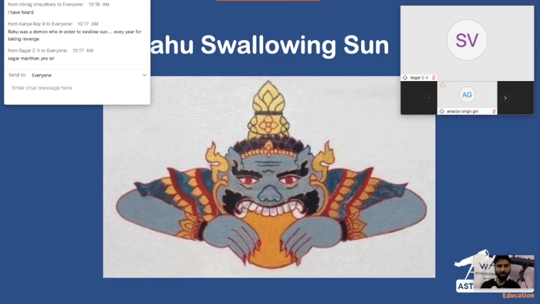They churned the ocean, and some secret treasures of earth came out. One of the treasures was a pious elixir, what we call in Hindi amrit, something you drink and you become immortal.